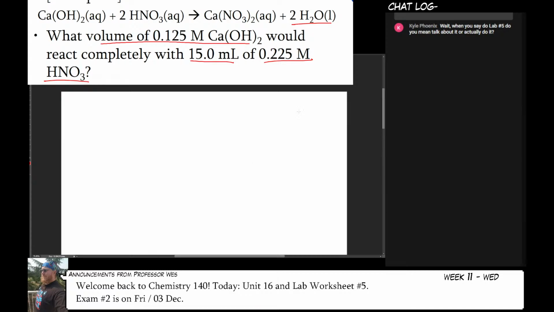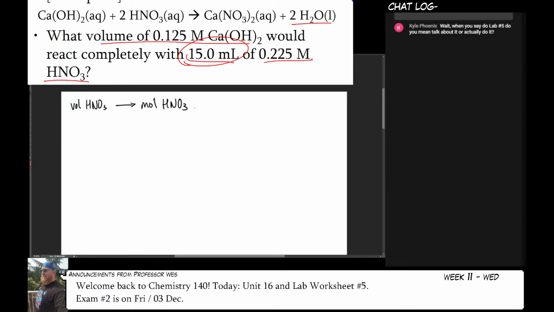All right, so since I am given a volume right here, I'm going to have to start by using that volume and the molarity to figure out the number of moles of nitric acid. If I take the volume of nitric acid, I can then turn that into the number of moles of nitric acid.